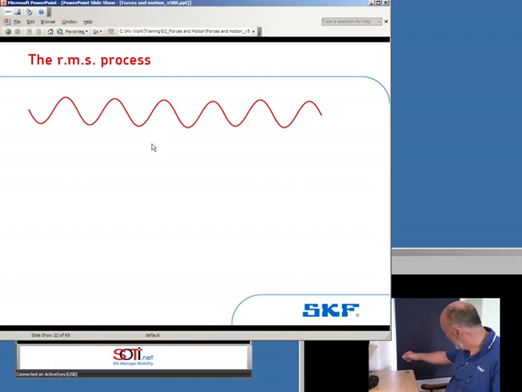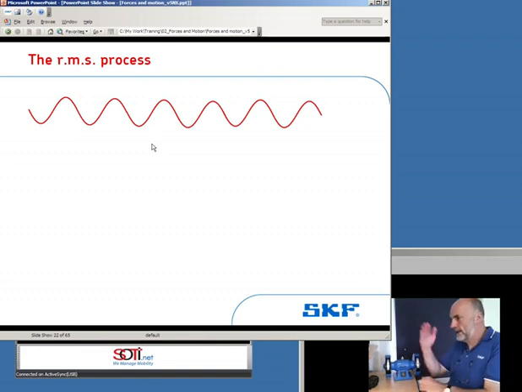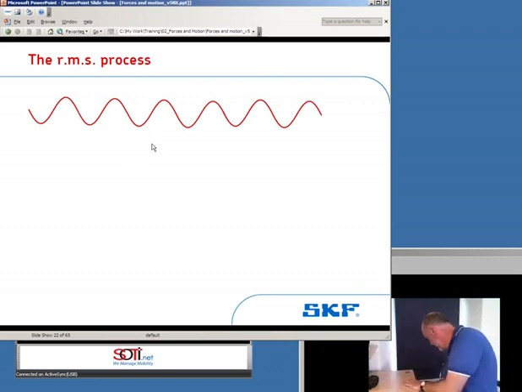With the RMS, what we're going to do is take measurements at fixed time intervals and write them down. So if you're using a dial test indicator, you can do the same. You can get your machine, put your dial test indicator on here, get the machine to vibrate, the needle on your dial test indicator is going to move, and you can write those numbers down, take samples.